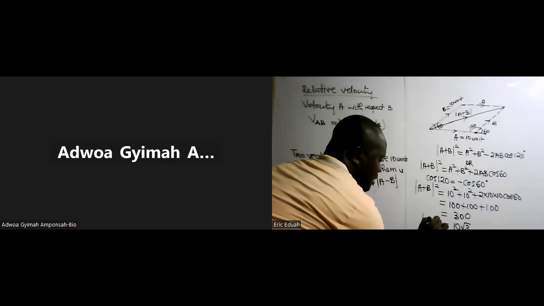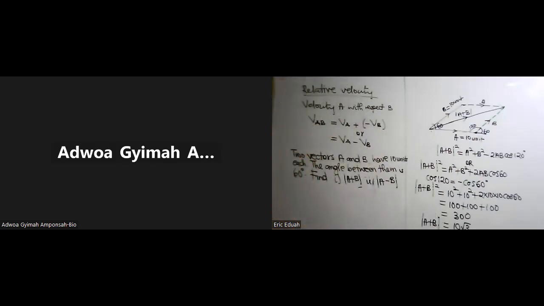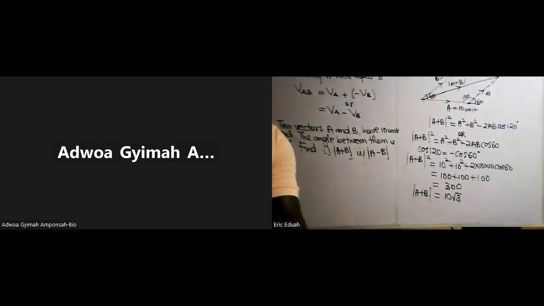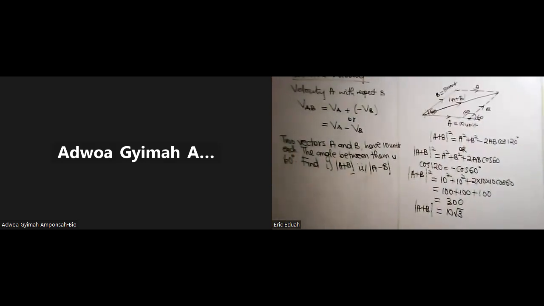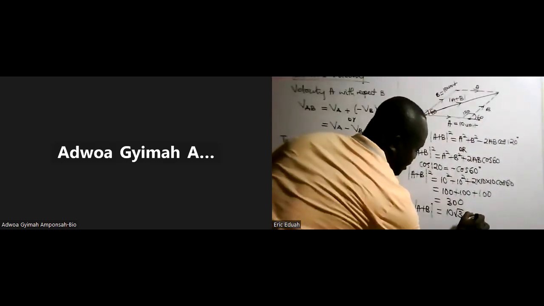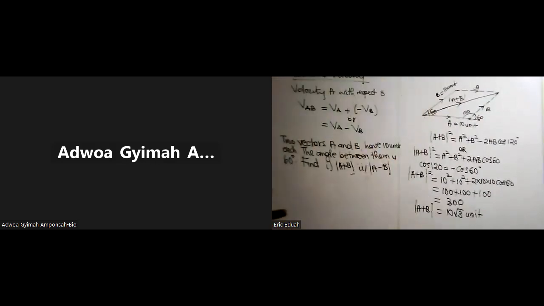So the magnitude of A plus B is equal to 10 root 3 units. And you can convert this to decimals. All right.